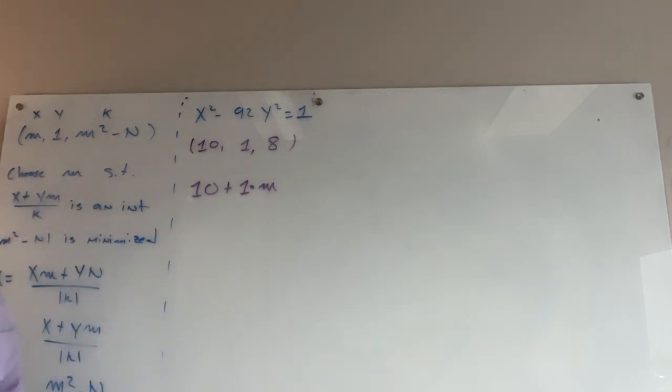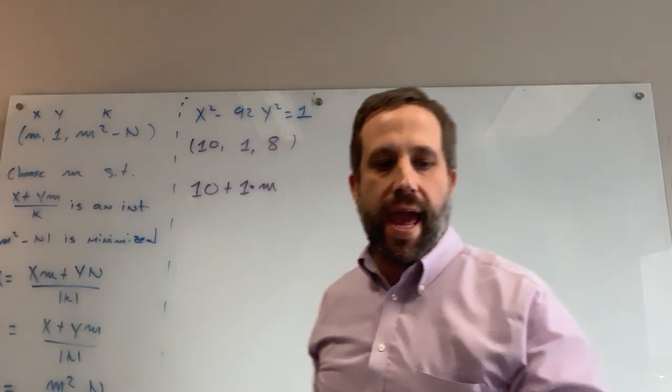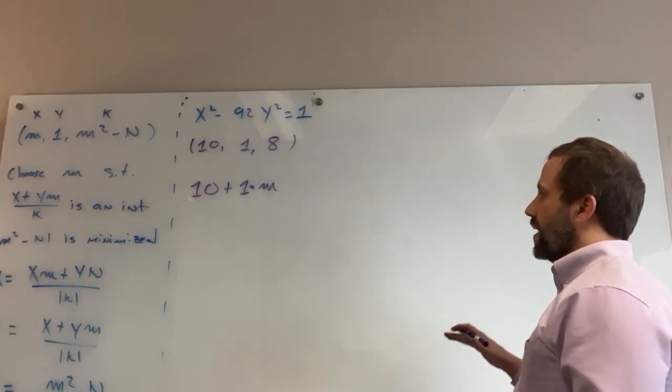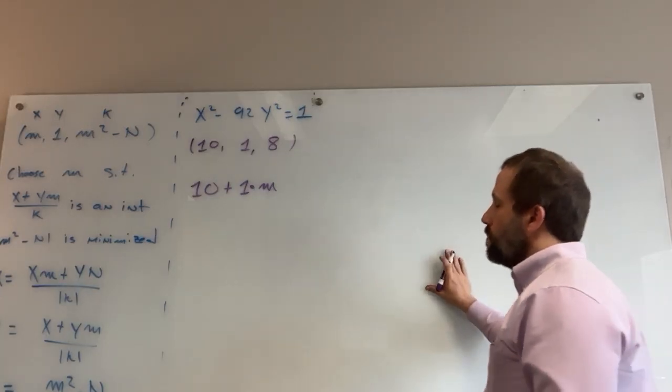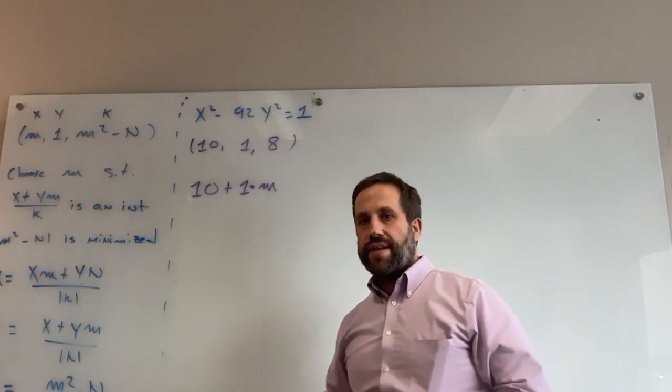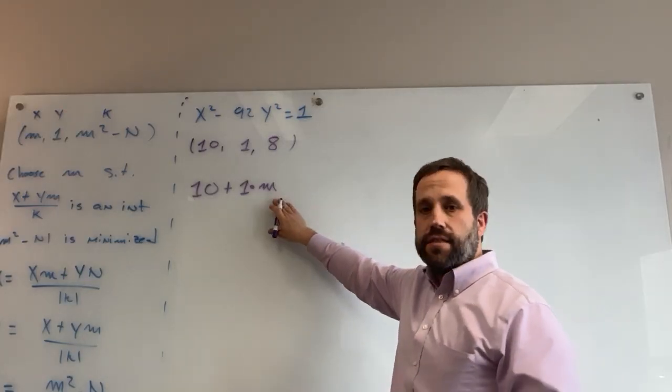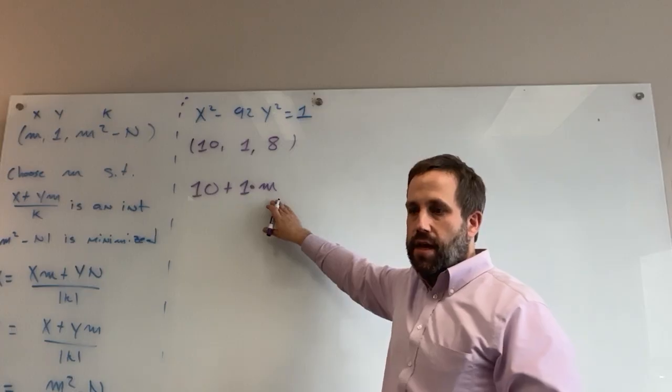I want that to be divisible by k, and I also want it to minimize m squared minus n. Since m has to be a positive integer, the smallest m that I can pick is going to be 6.